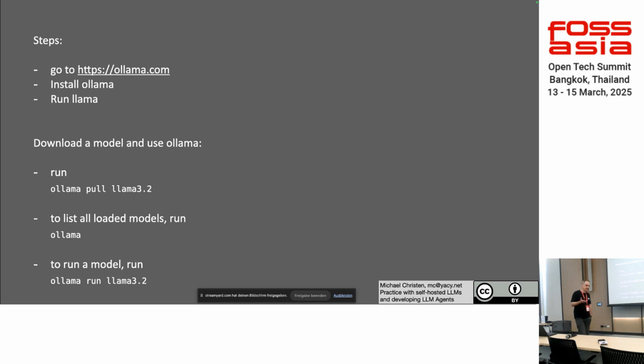So what does this mean? If you have a model, it's a large number of weights, and these weights are floating point numbers. They usually have a precision of 16 bits. But if you want to have a smaller model, you can have the same number of weights, but with less precision. So this is called quantization.